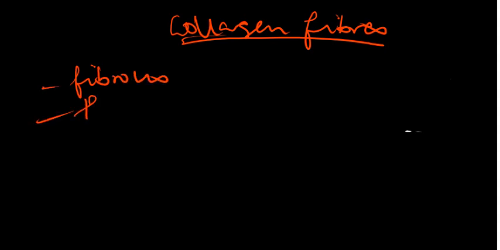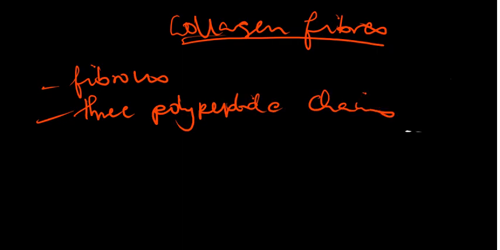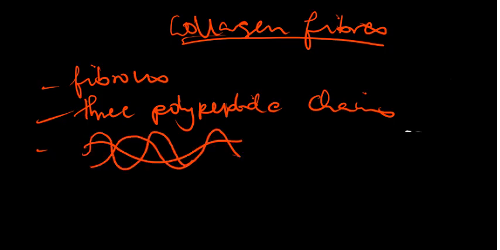It has about 3 polypeptide chains that are wound around each other and they form a triple helix. So they form something like this, so that the 3 of them, these 3 polypeptide chains that are fibrous in nature, are the ones that form the collagen.